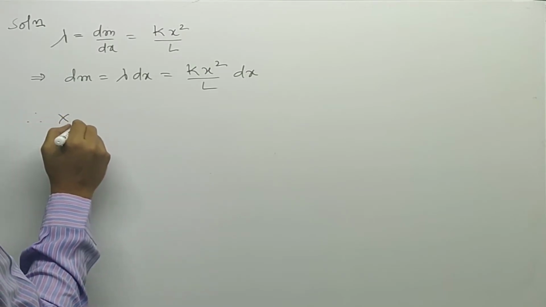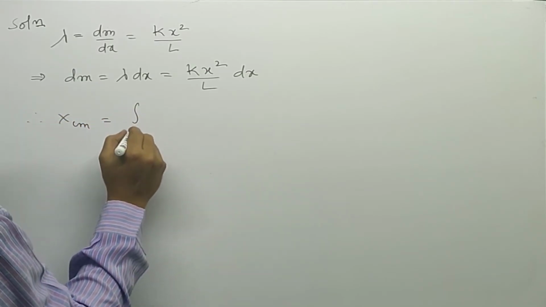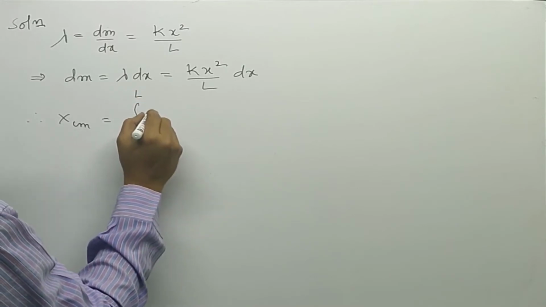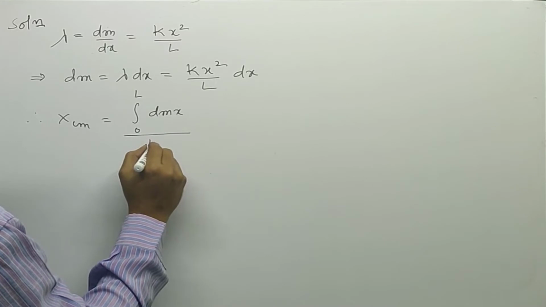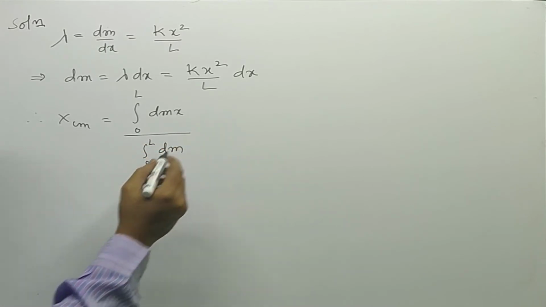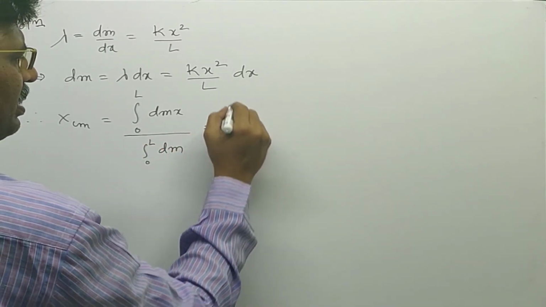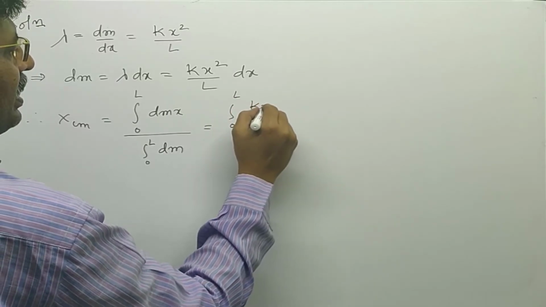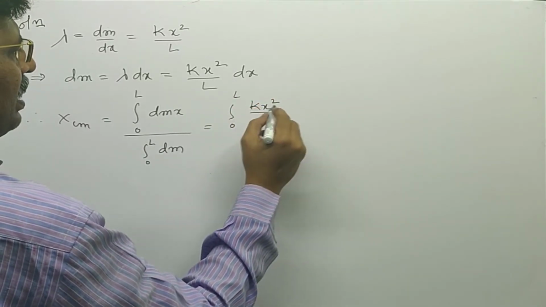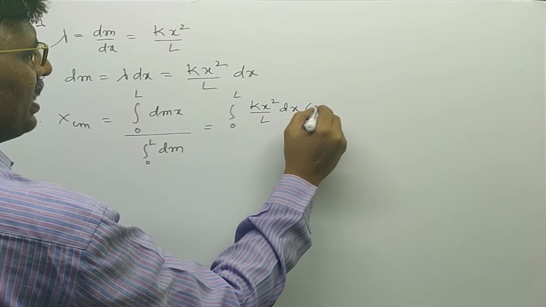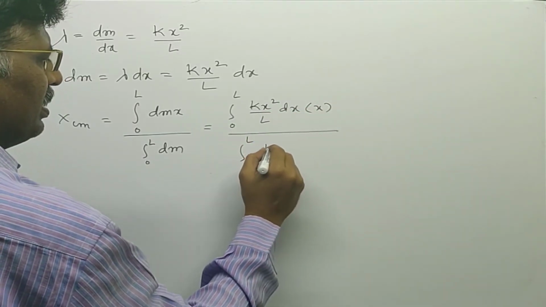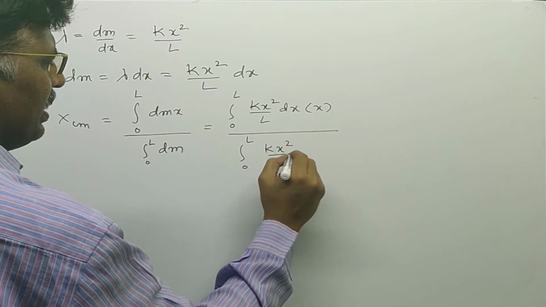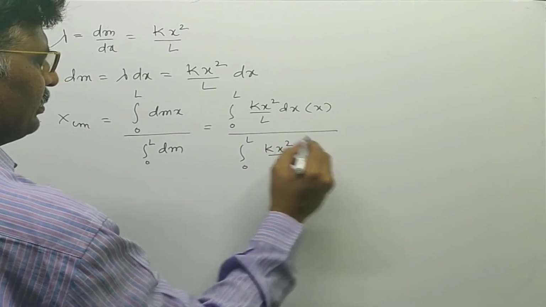Therefore XCM can be written as integral 0 to L dm into x divided by integral 0 to L dm, that is equal to integral 0 to L k x square by L into dx into x divided by integral 0 to L k x square by L into dx.